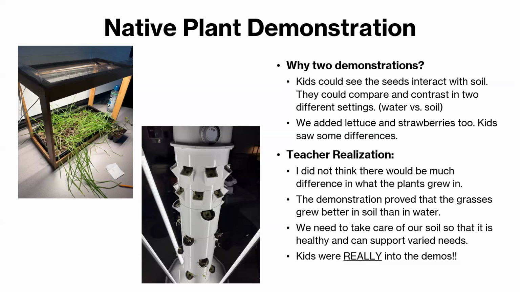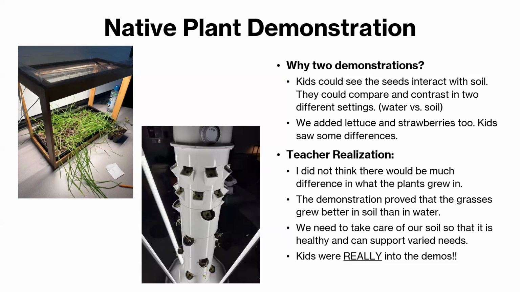And then the hydro garden was something that they had mentioned in one of our lessons in STEM Scopes. And so the kids wanted to compare and contrast what kind of plants grew best with water versus what kind of plants grew best with soil. And we could see how they interacted with the two sources.